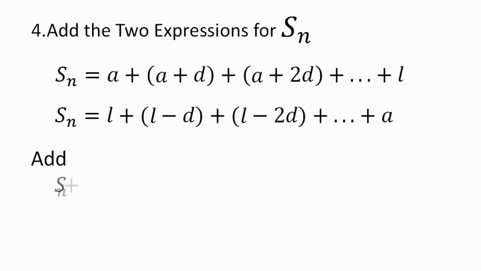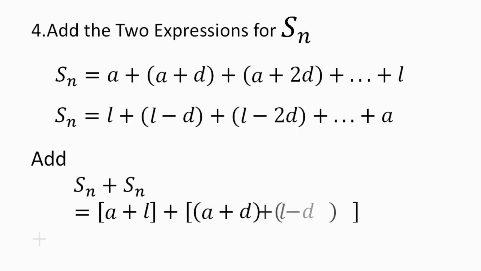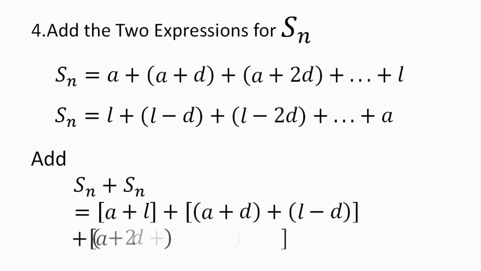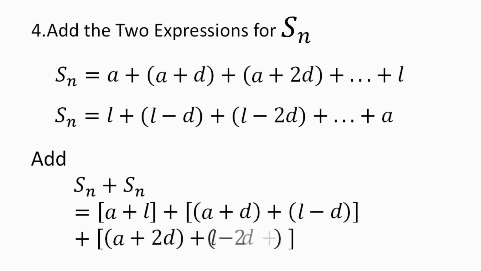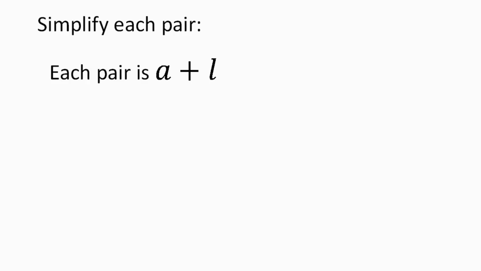Add the two expressions such that you add the first term of both equations as a pair, then the second term as a pair, and so on. This gives n number of pairs. Now simplify each pair.